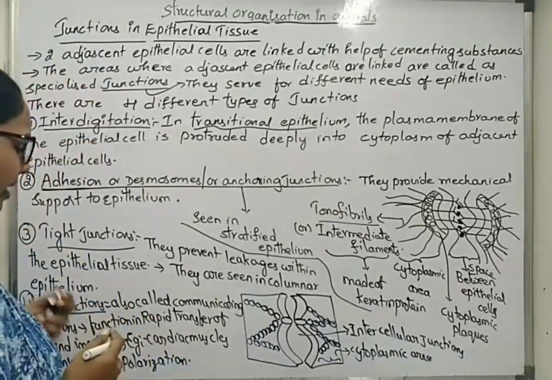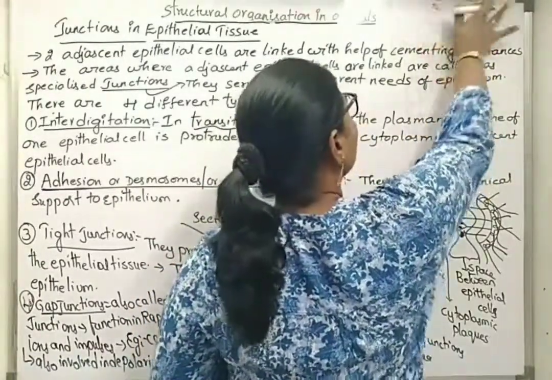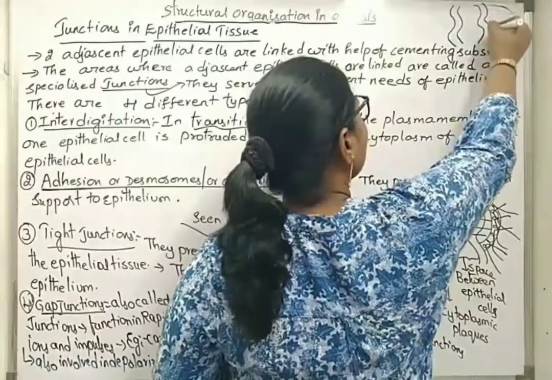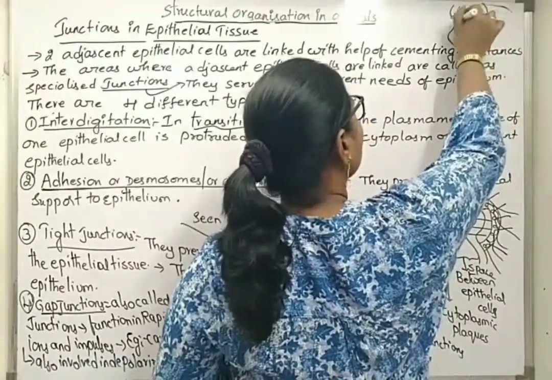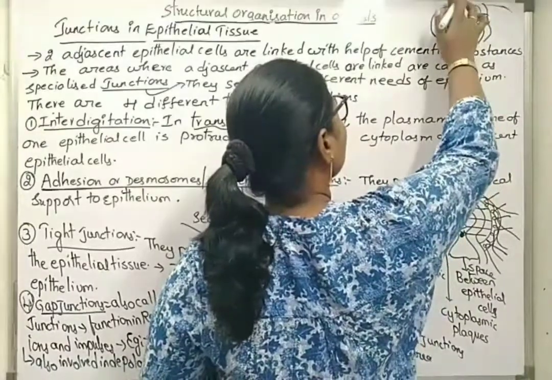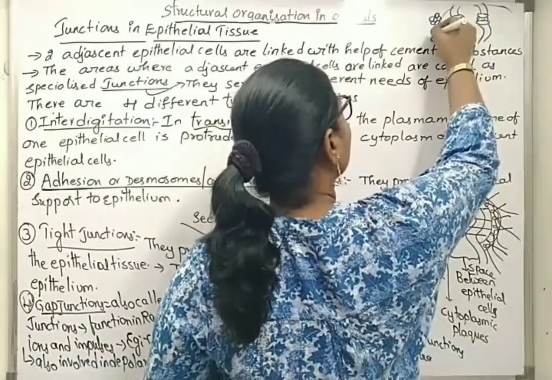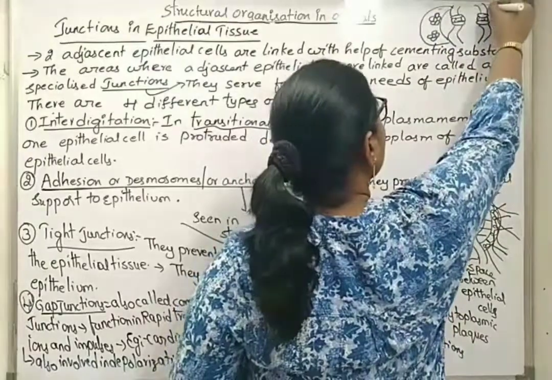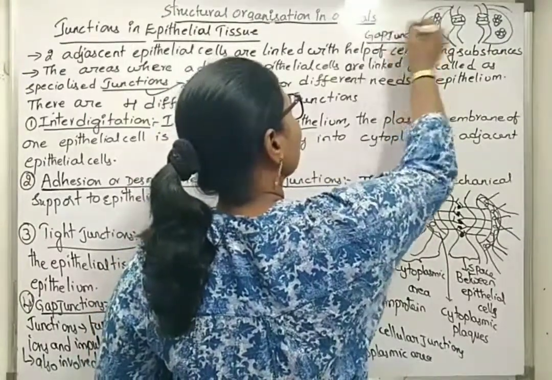If you see the diagrammatic representation of gap junctions, these are gap junctions.